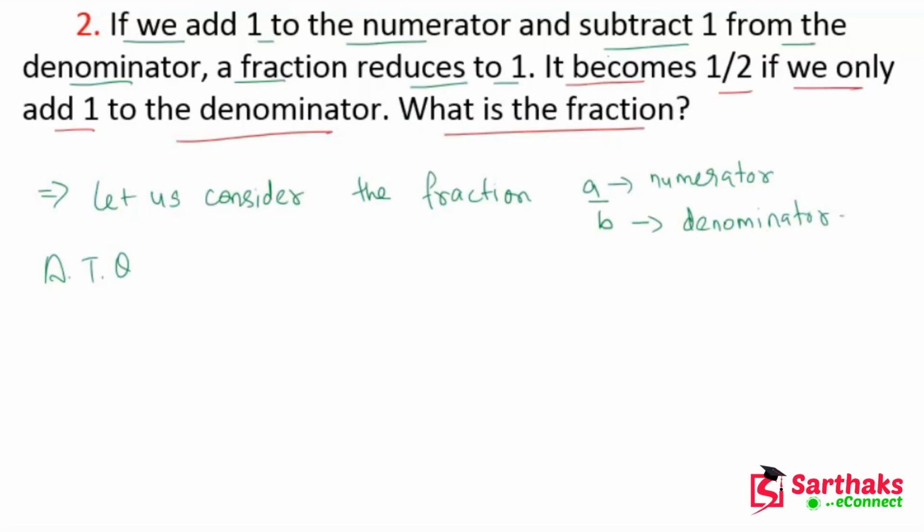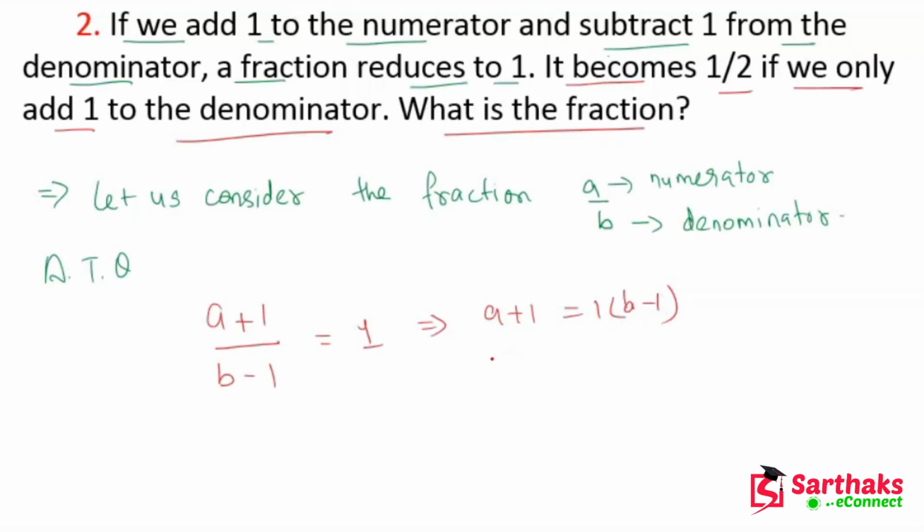Now the question is saying we have to add 1 in the numerator and subtract 1 in the denominator. So this will become what? This will reduce to 1. So if we solve this, we get a plus 1 is equals to 1 into b minus 1.